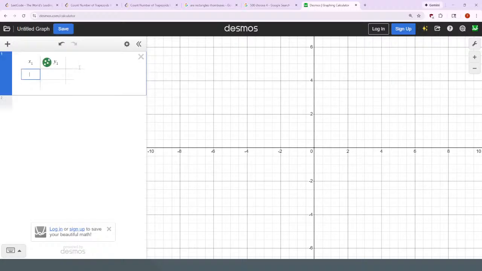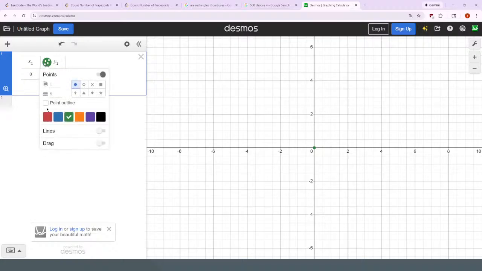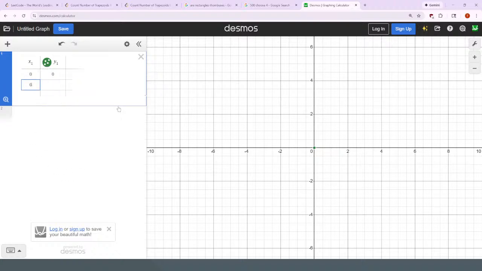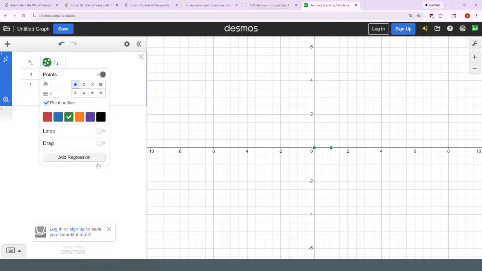Give me a table. 0, 0. Points. 0, I guess, yeah, 1, 0. So I want this to be connected. It's connected. Lines.